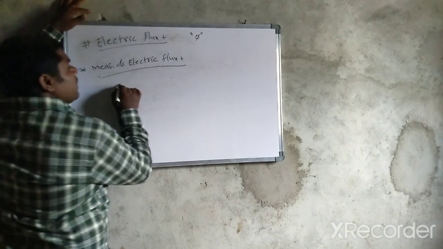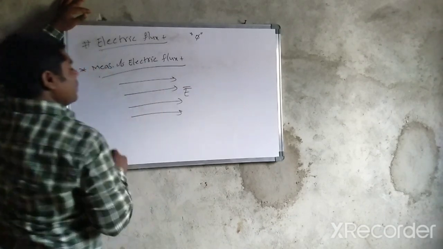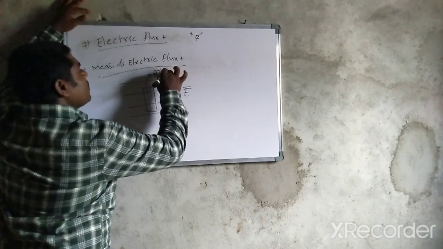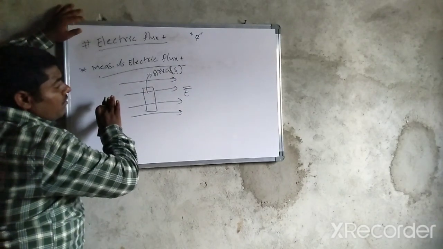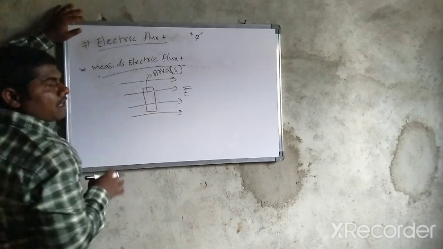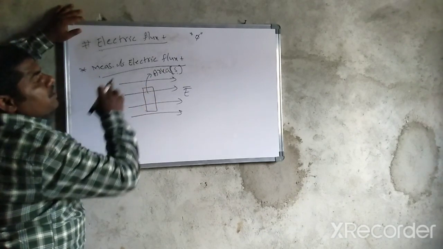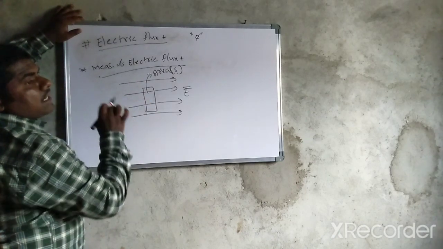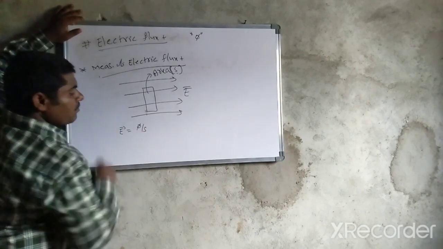For example, let us consider that all these are uniform electric field. Here is one area; I would like to consider the number of electric flux lines passing through this point. Now the number of flux lines passing through a unit normal area gives the electric field, equal to flux divided by surface.